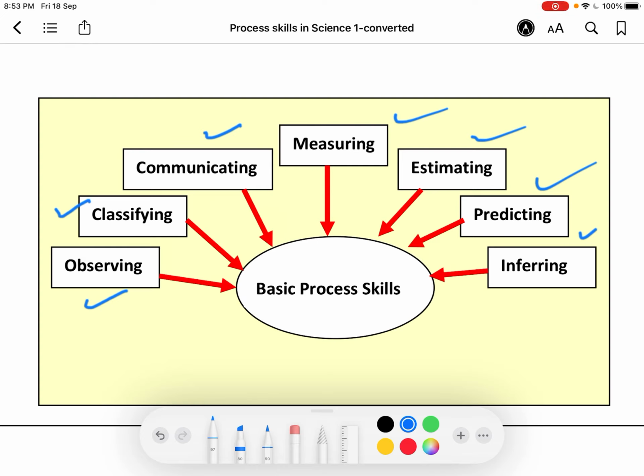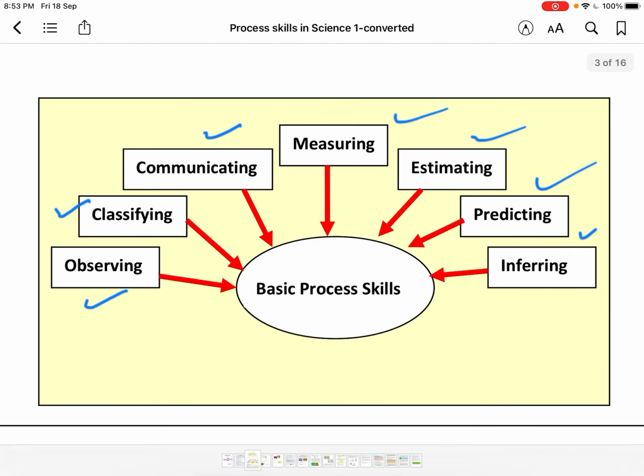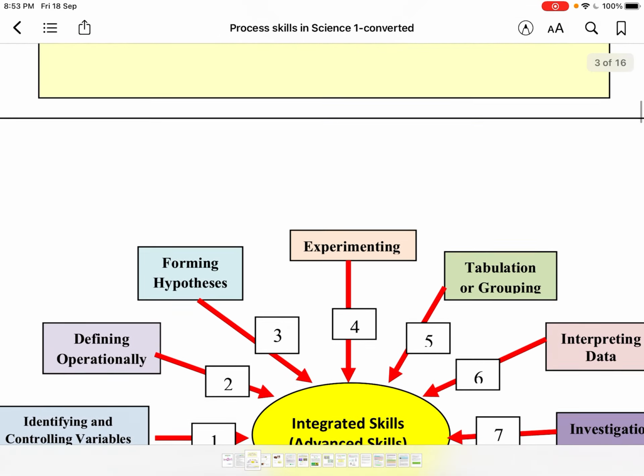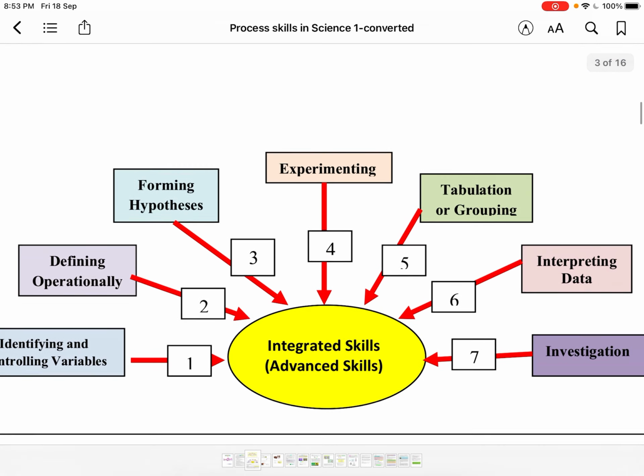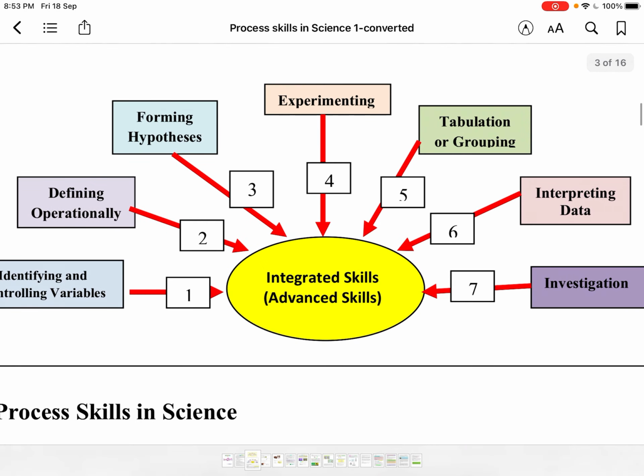And besides these basic process skills, the science teacher must also know about certain advanced skills, which are also known as the integrated skills, where these basic skills are also involved in doing scientific activities.